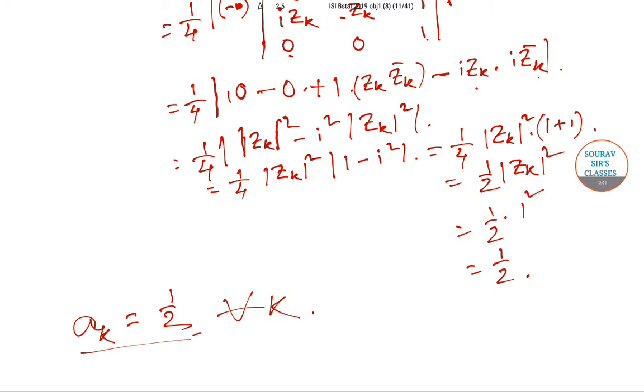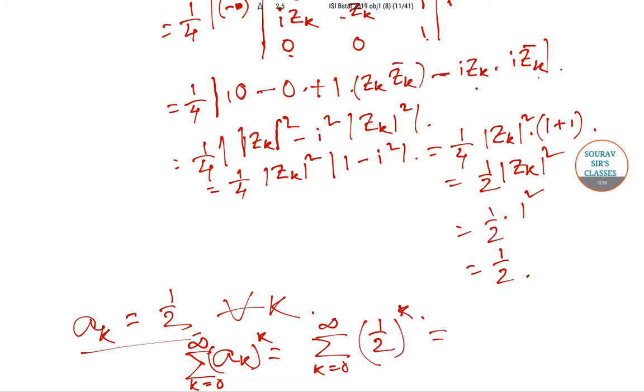For k belonging to the natural numbers. So here the sum of Ak to the power k, from k equal to 1 to infinity, is the sum of half to the power k.